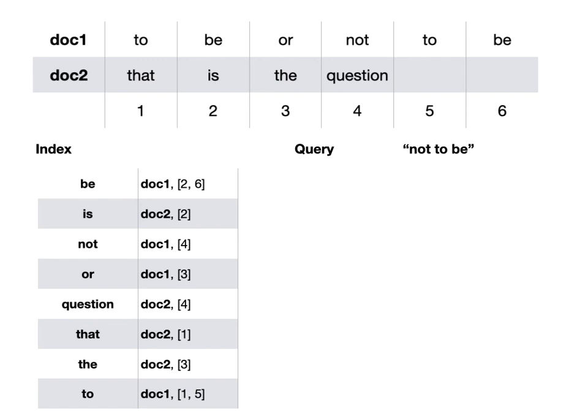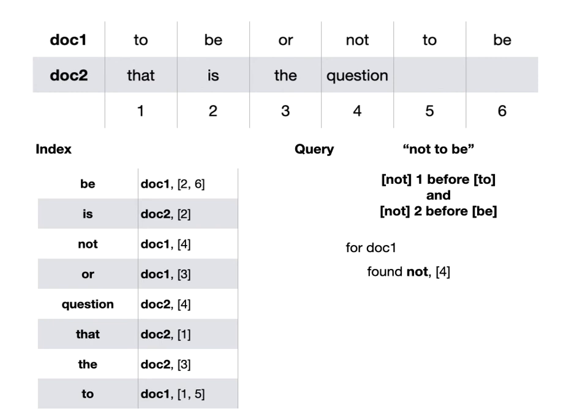And then for each of those documents, we ask, is "to" one position after "not," and is "be" two positions after "not"? Not to be, right? So for doc 1, we see that not is in position 4.